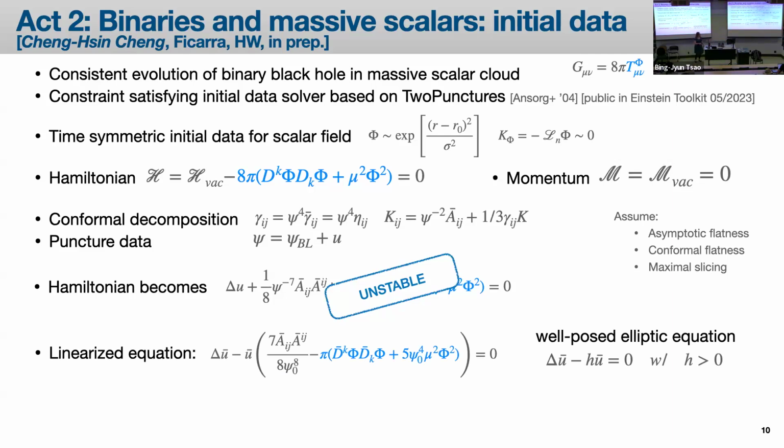And if you look at our linearized equation here, we have the Laplacian acting on the perturbation minus h times the perturbation, and everything in the big brackets is this function h. And the first term is positive, great, but the second term comes with a minus sign. So if that second term becomes sufficiently negative, we actually lose ellipticity, and that means that we don't get unique solutions, and that was exactly the problem.